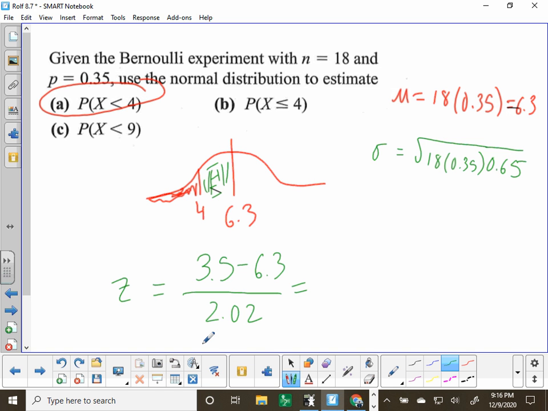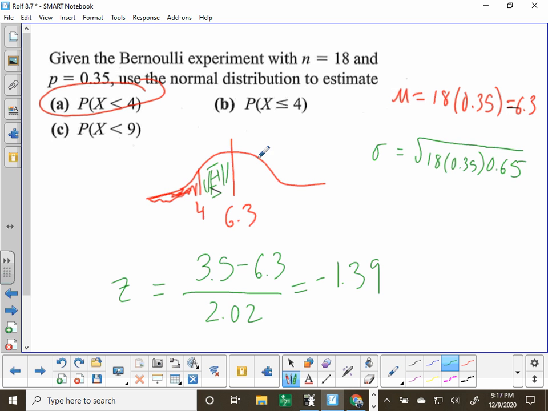Okay, so we got 3.5 minus 6.3 divided by 2.02. It's negative 1.39. Okay, 1.39. So that is what I'm going to look up on the table.